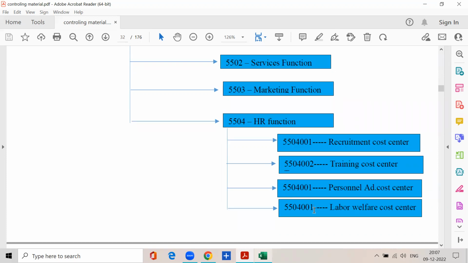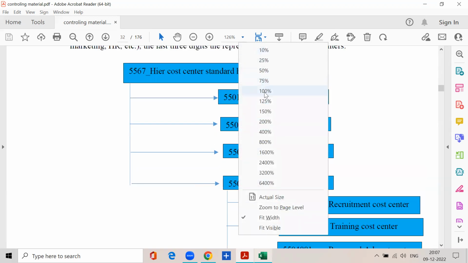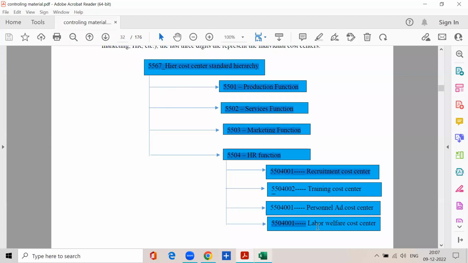Here also 5504004. So this is called hierarchy. Now I am going to show you how to create this hierarchy.